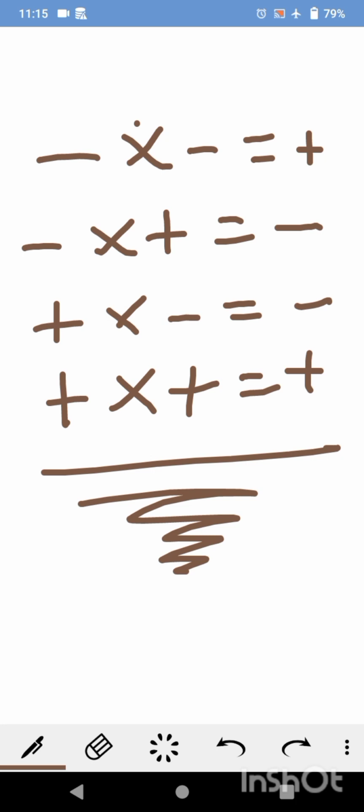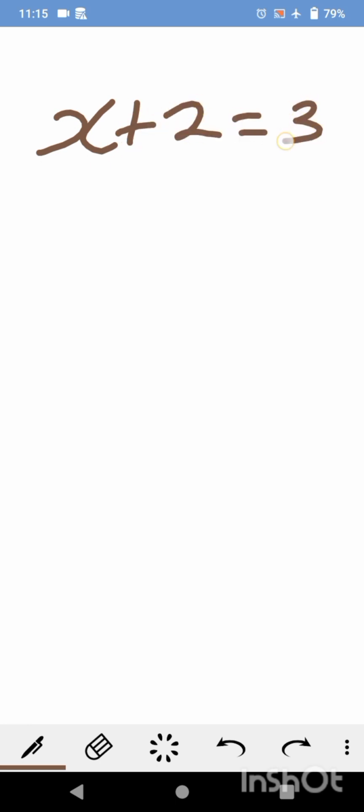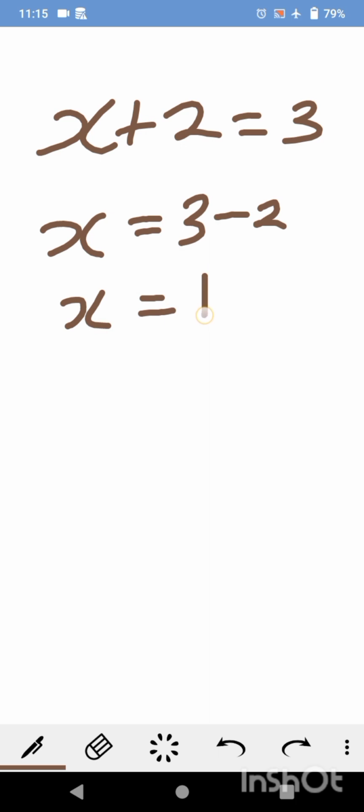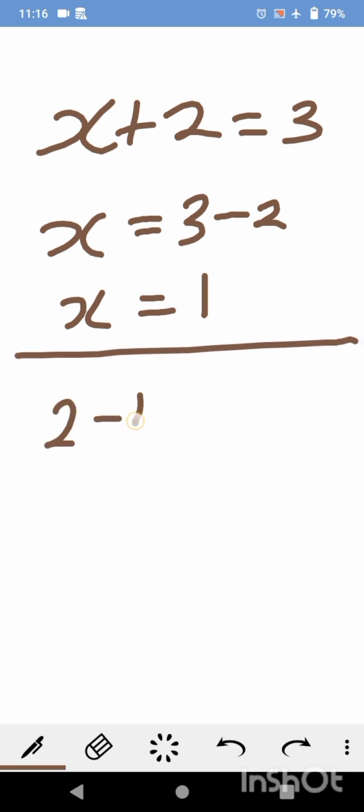For a two-step equation, let's say x plus 2 equals 3. What we do here is move 2 to the right hand side. We have 3 minus 2, and that will give you 1. Okay, what if we have 2 minus x equals 5?